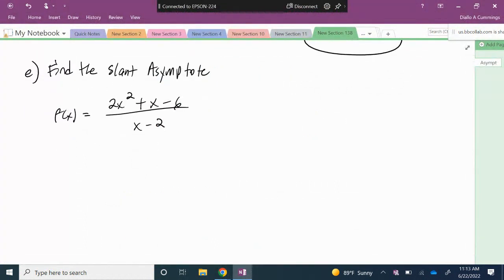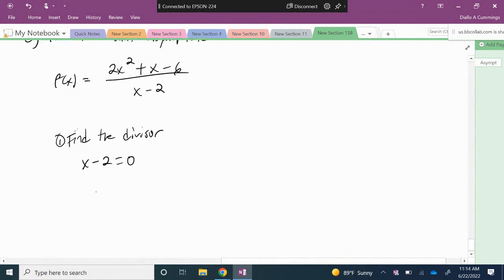So we're going to use synthetic division to do that. For synthetic division, the first thing we're going to do is find a divisor. I want to take my denominator, which is the divisor, set it equal to 0 and solve.